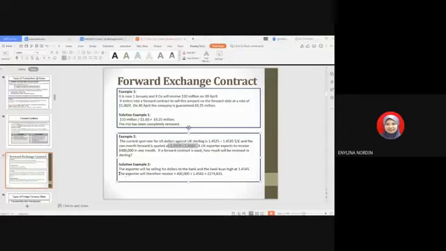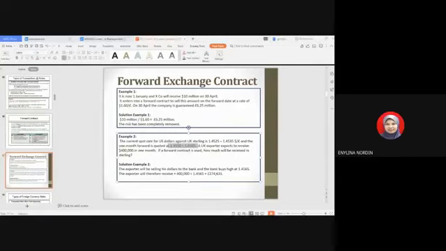Therefore, the exporter will convert the $400,000. How much will we get in pound? You divide by 1.4565, then you get 274,631 pound. So this is about the forward exchange contract.